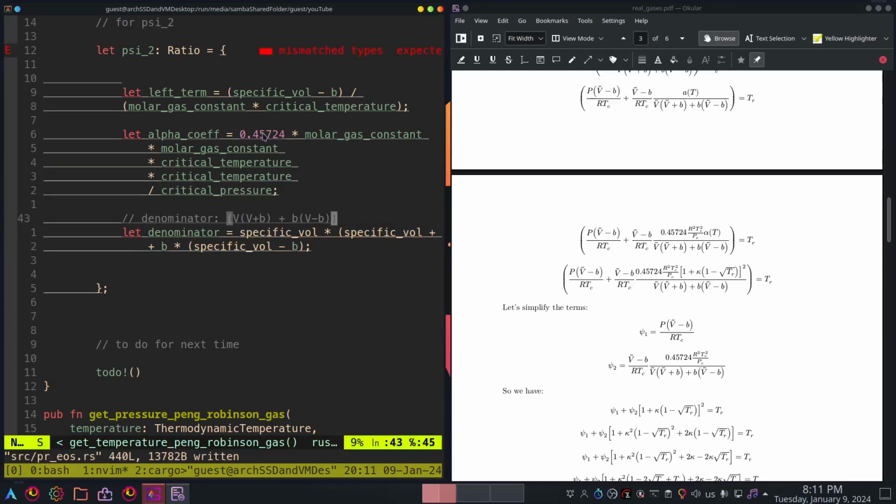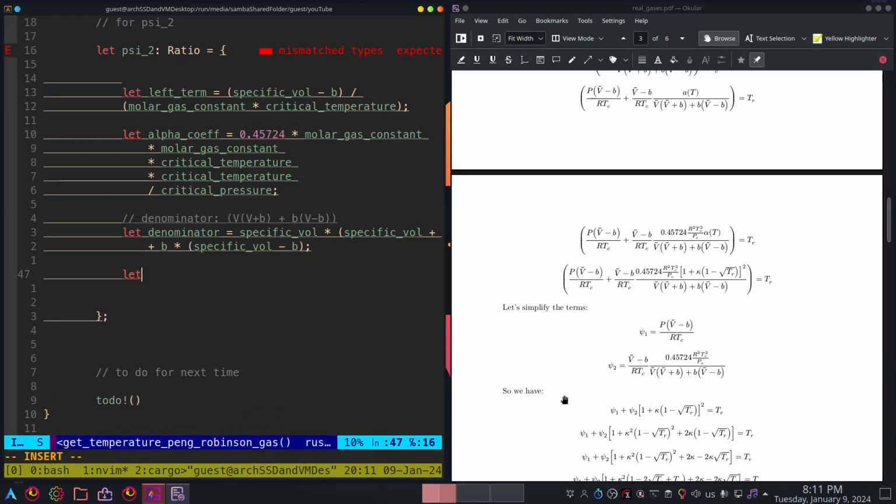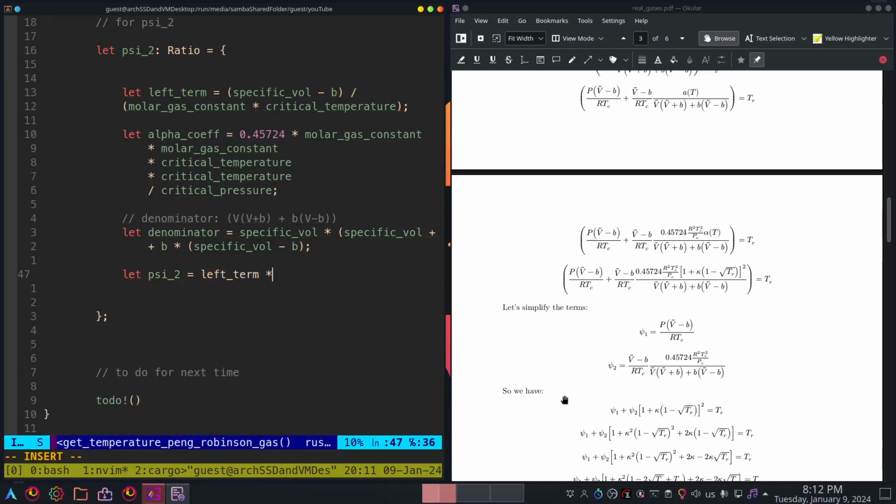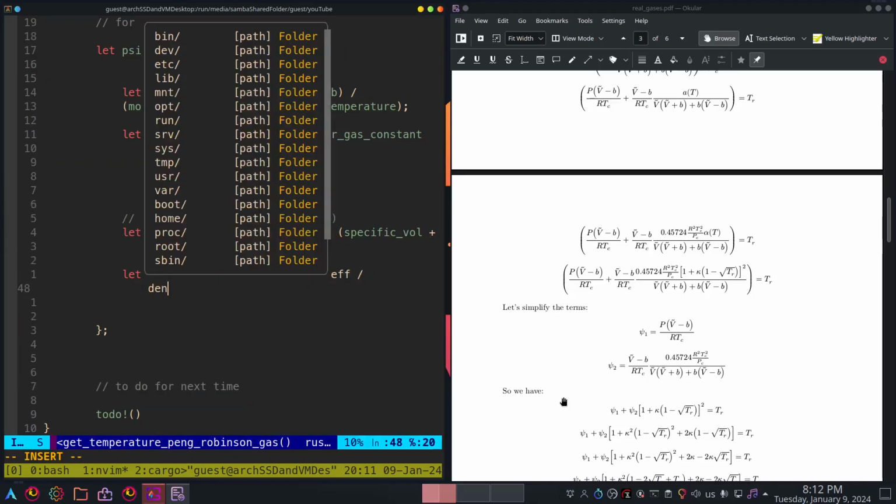Okay, this should work. So this is the denominator, and I'm going to find sci2. Sci2 equals left term times alpha coef divided by denominator.